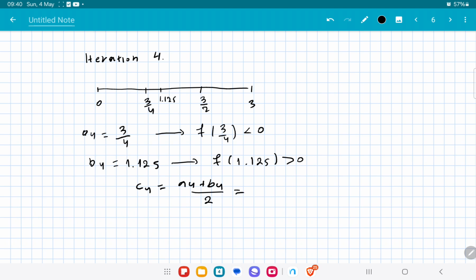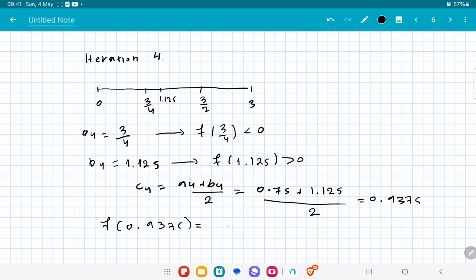So it's (0.75 + 1.125)/2, 0.9375. I evaluate f(0.9375), which is going to be -0.352050781. So I have to progress to iteration number 5.